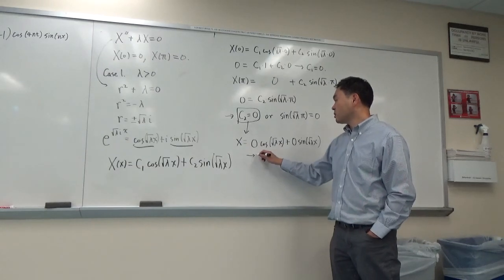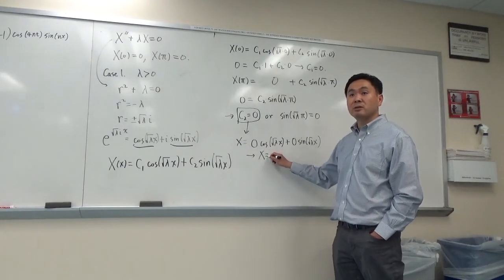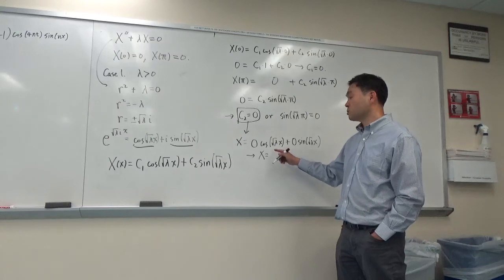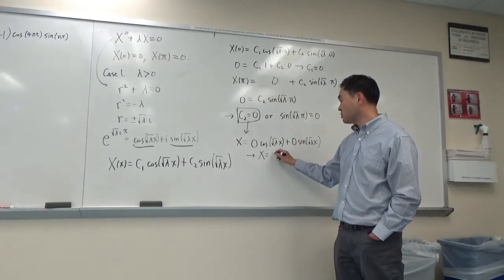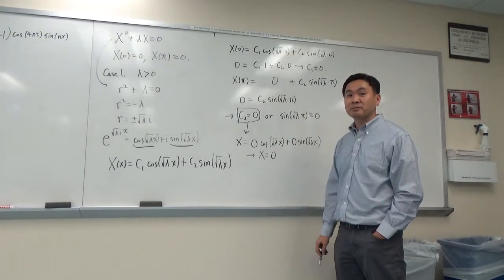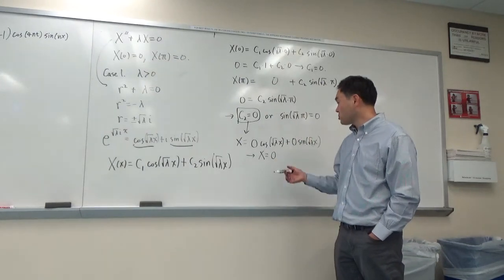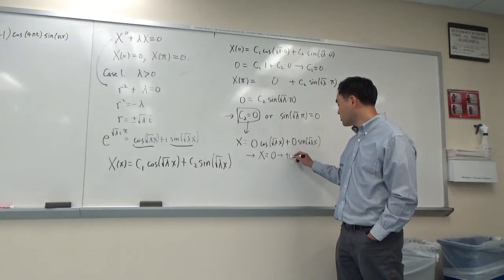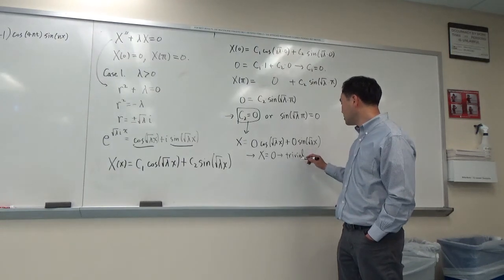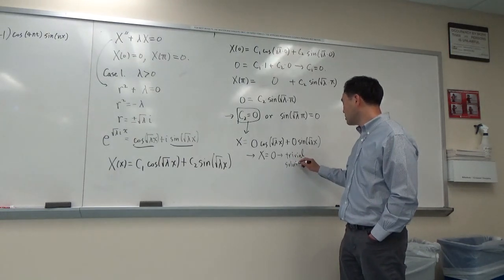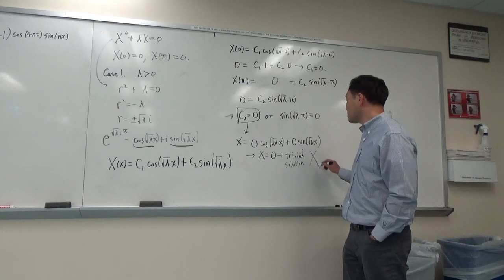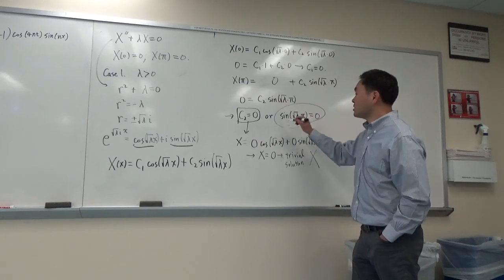Then we get x as what? 0. Is that good or bad? Why? Because we're looking for non-trivial solutions. So this is a trivial solution, so no good.